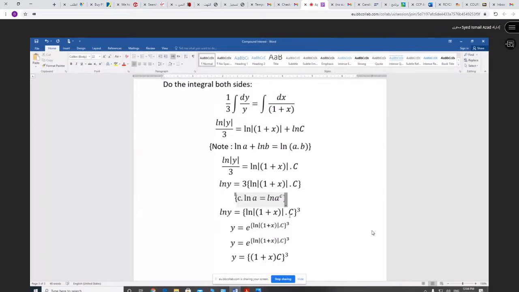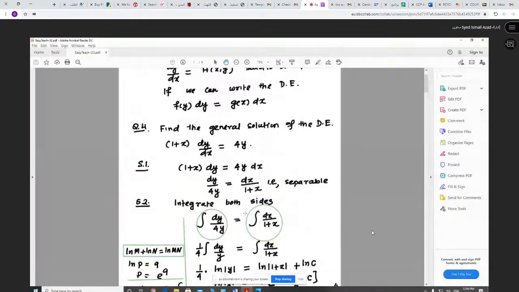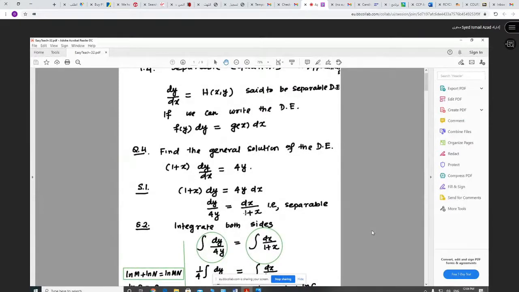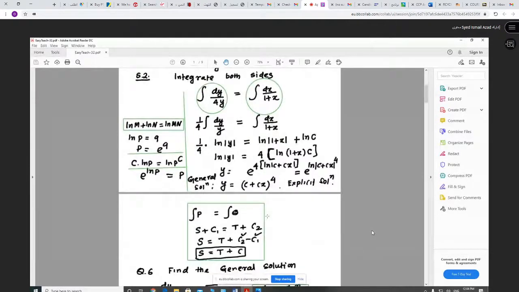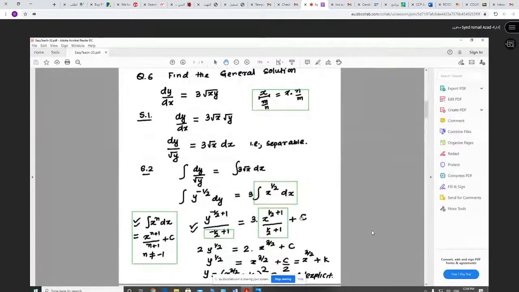Constant of integration, usually we use as C. We don't use K, in every question. These are the notes of your teacher. Everywhere, usually, this is universally applied. Constant of integration is C. So this is the constant of integration. We don't use K over here in integration.